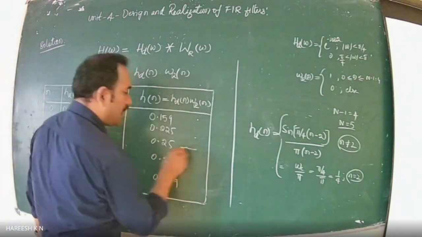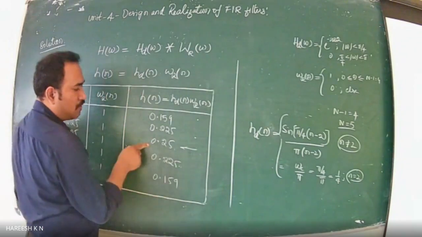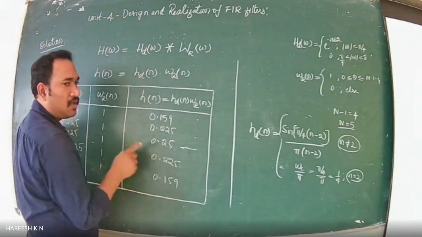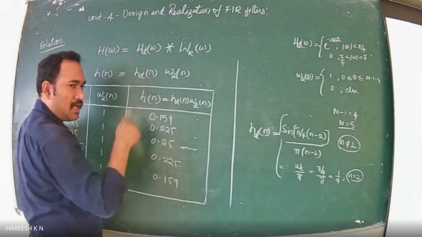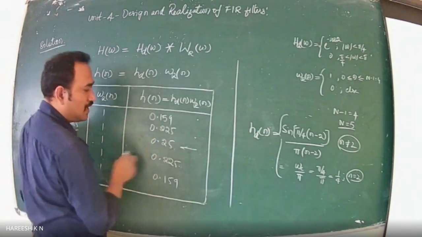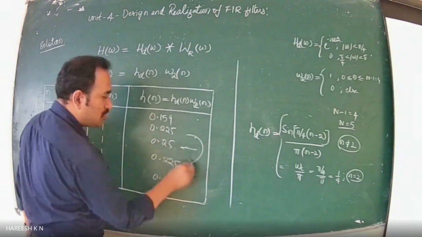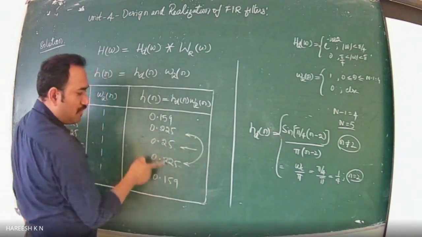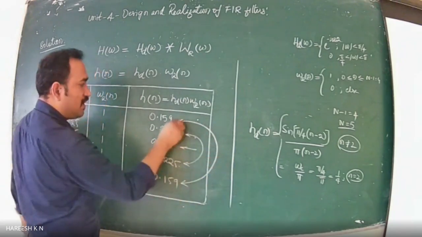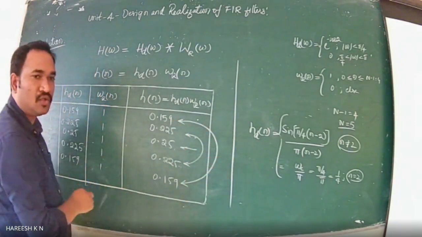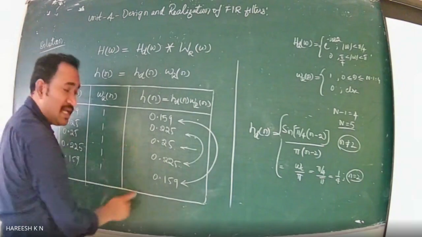This is the midpoint. Since n is odd, at the midpoint there will be one sample, and on either side of those it will be symmetric in nature. Is it not symmetric with respect to this midpoint? 0.225 and 0.225 same, and here 0.159 and 0.159 also same. Therefore, this is symmetric in nature.